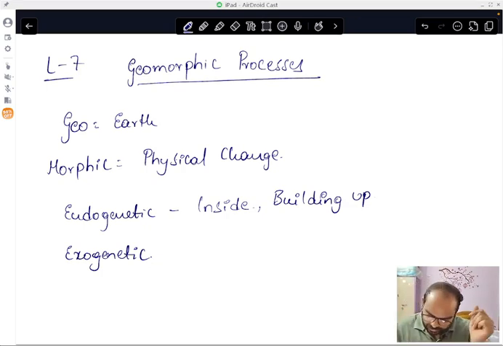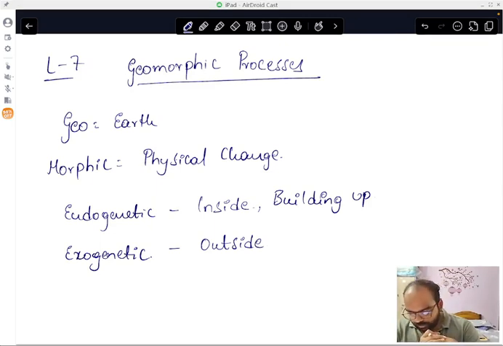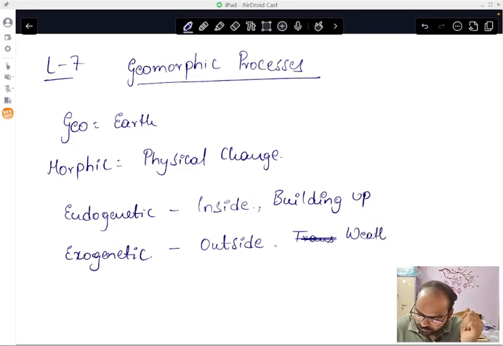Secondly, exogenetic forces operate outside of the earth. These exogenetic forces are responsible for weathering, transportation, and deposition.